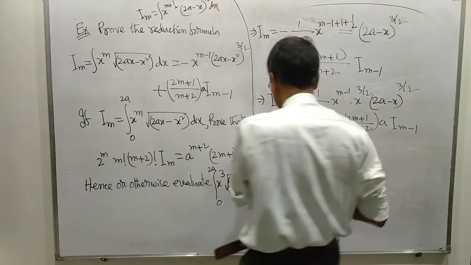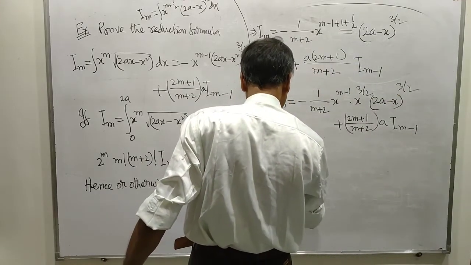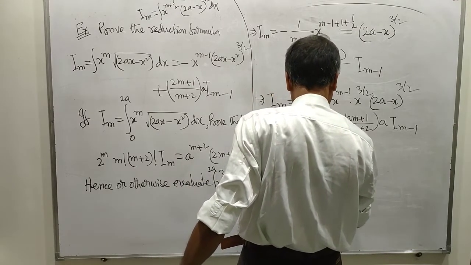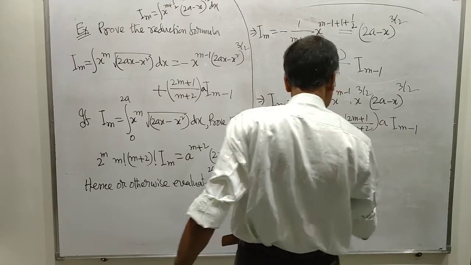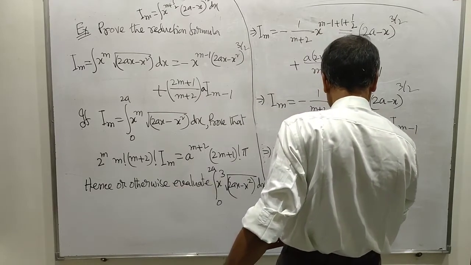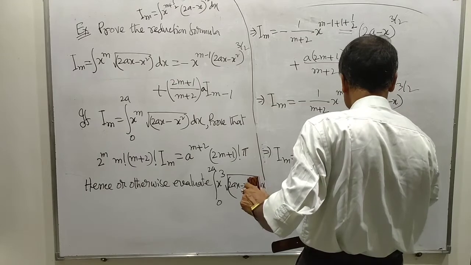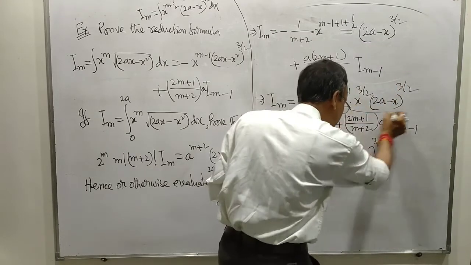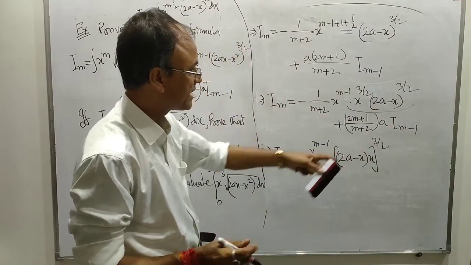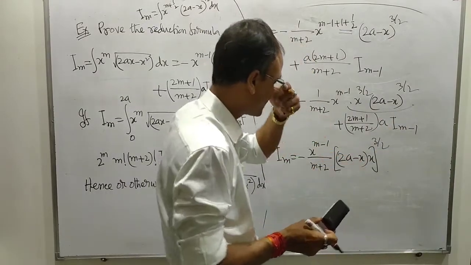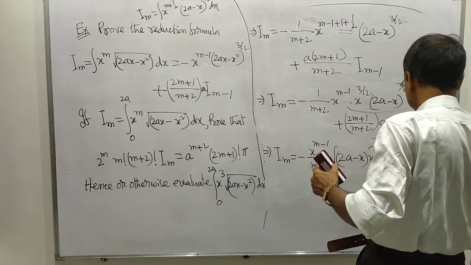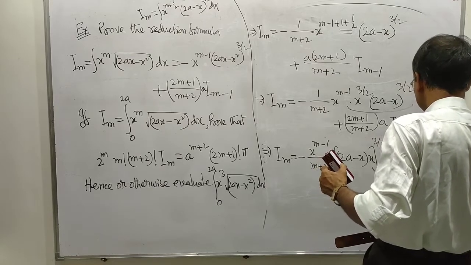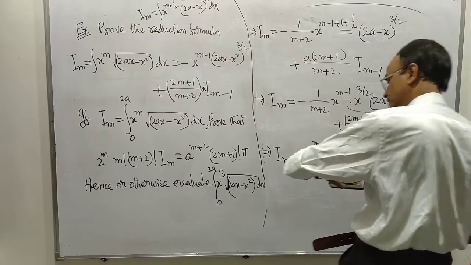Now you see, I_m is equal to minus x to the power m minus 1 divided by m plus 2 into (2a minus x) into x, whole to the power 3 by 2. Can I write like this? These two terms can be combined and written in this way. Plus (2m plus 1) divided by m plus 2, a I_(m minus 1).